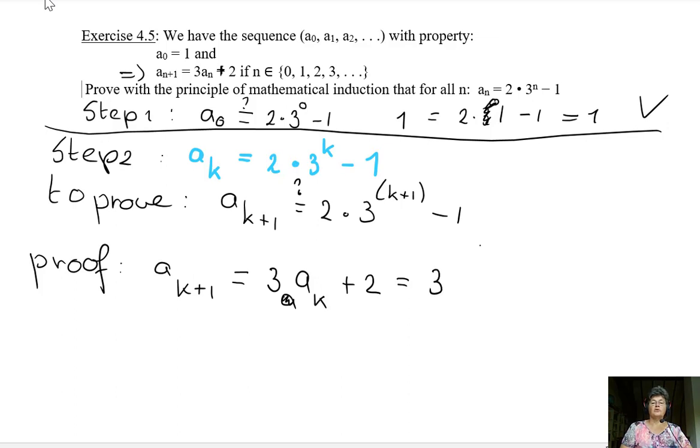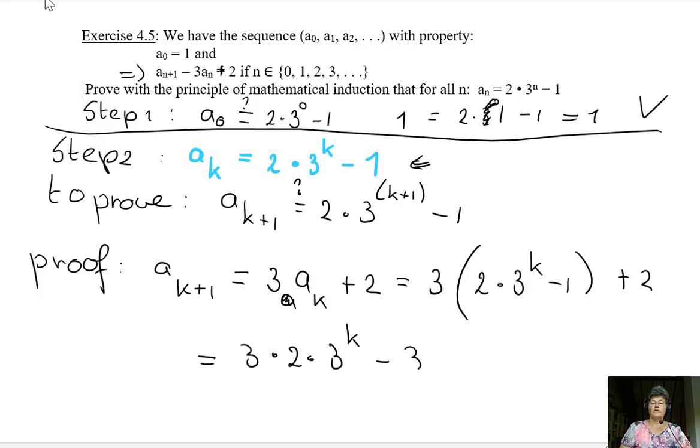So that would be 3 times, and we know something about Ak because we have this assumption here, the blue one. So that is 3 times 2 times 3^k minus 1, plus 2. So that would be 3 times 2 times 3^k minus 3 plus 2.